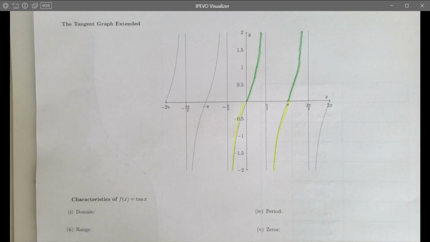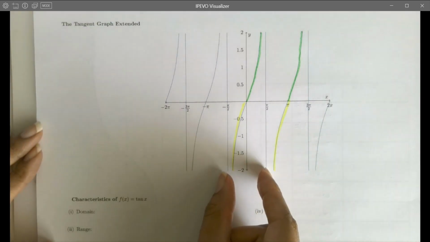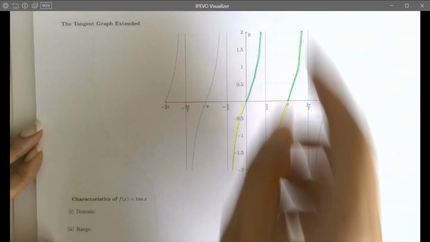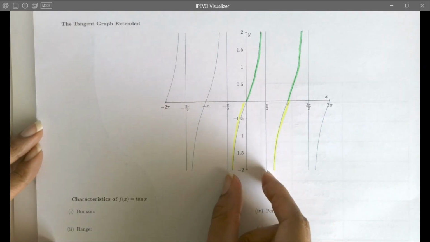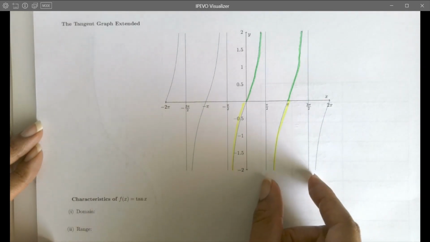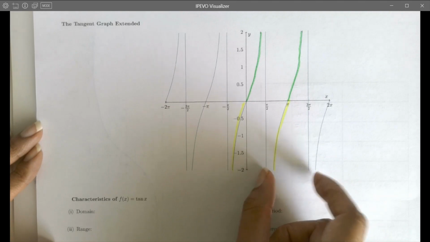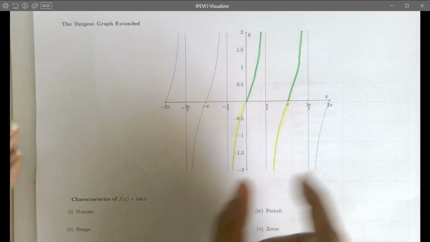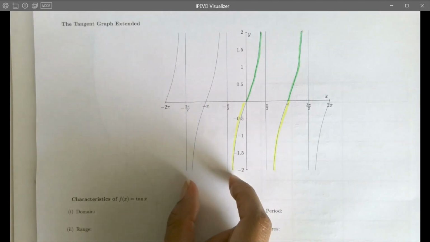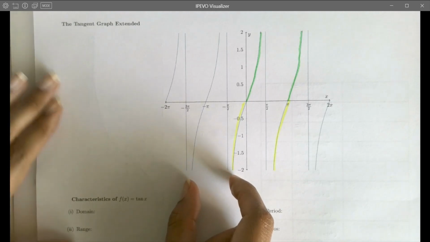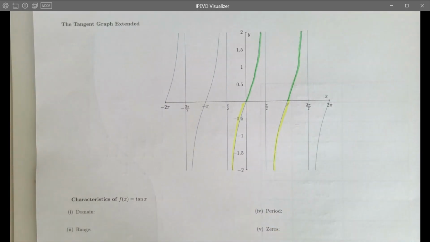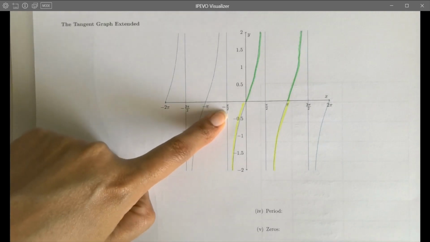So altogether, this whole curve that's connected between negative pi over 2 and pi over 2 repeats between pi over 2 and 3 pi over 2. Same if we go more in the negative direction, we'll see that that part of the curve is going to repeat between negative 3 pi over 2 and negative pi over 2.